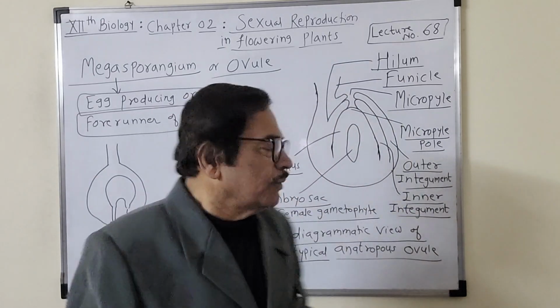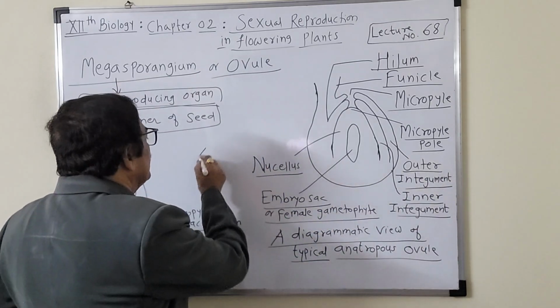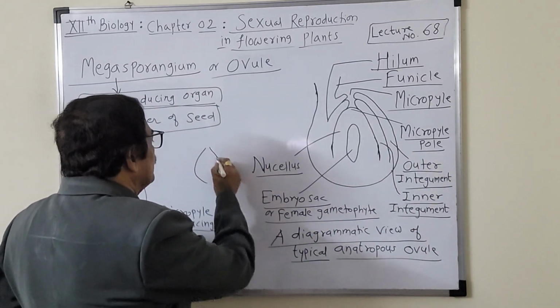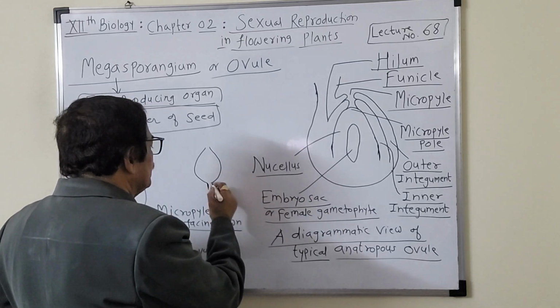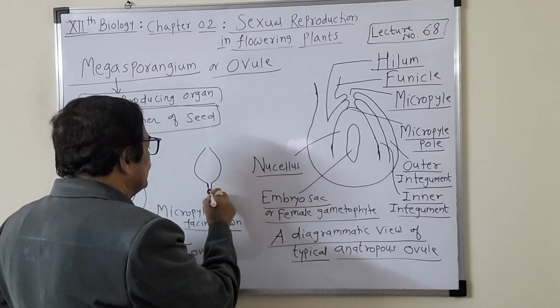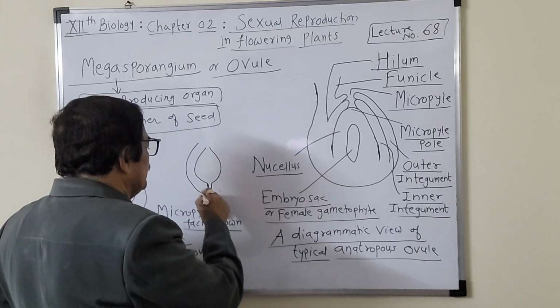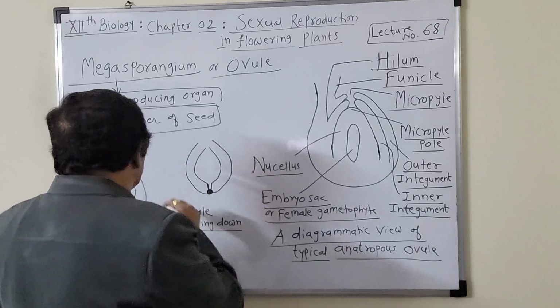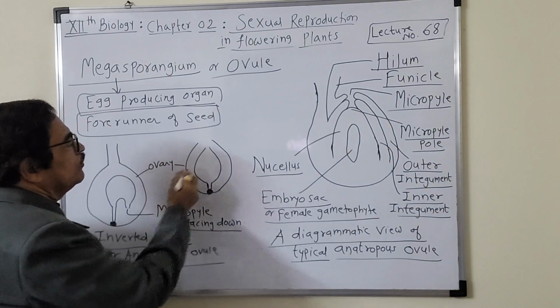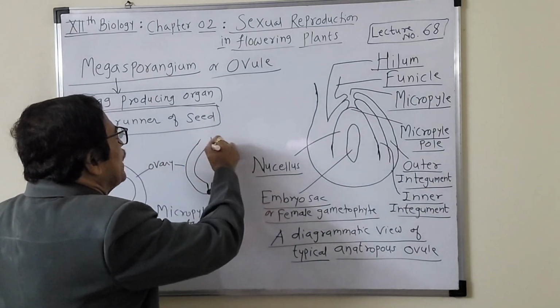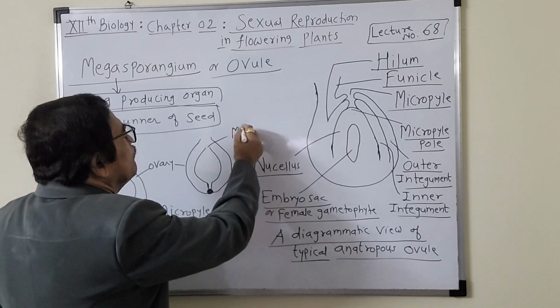That is known as the orthotropous ovule. Suppose the ovule is like this and the micropyle is like this. ओव्यूल को particularly अटैचमेंट जो हुआ है प्लासेंटा से इस तरह से, and this is the ovary. Here the micropyle is facing up.